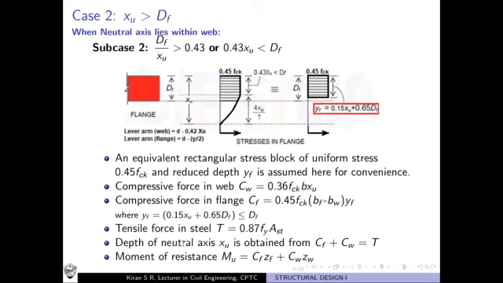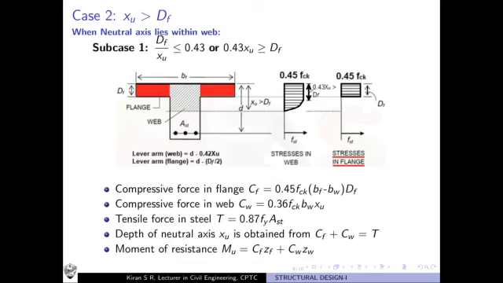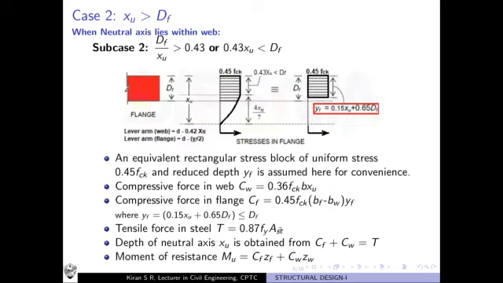Now the tensile force is the same, 0.87 fy Ast, it doesn't change. You have separately found the compressive forces in flange as well as the web. Just add the forces in both web and flange to obtain the total compressive force and equate it to the tensile force. From this expression you can determine the depth of neutral axis xu.